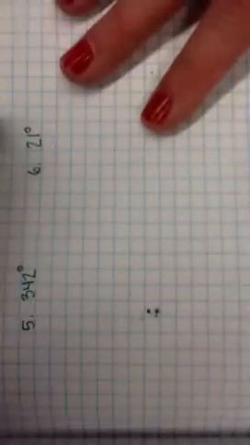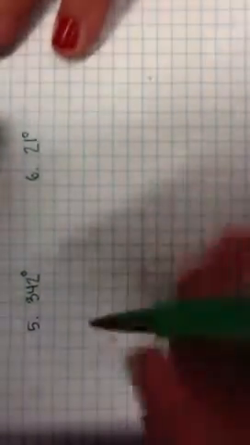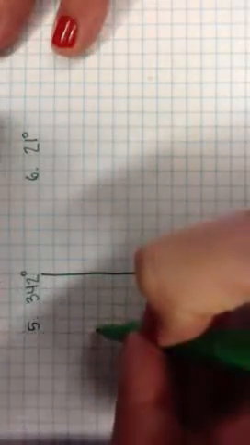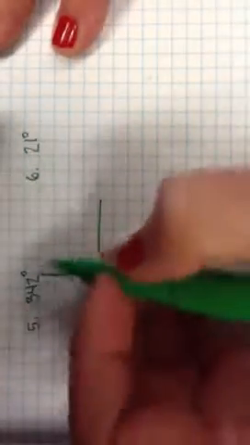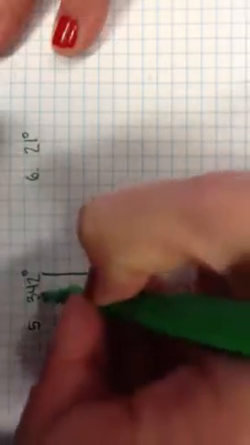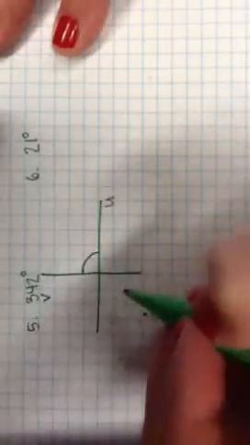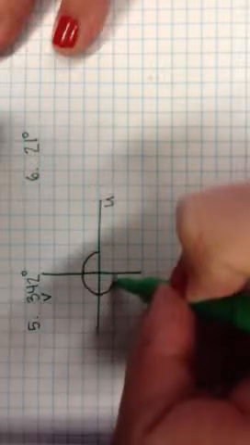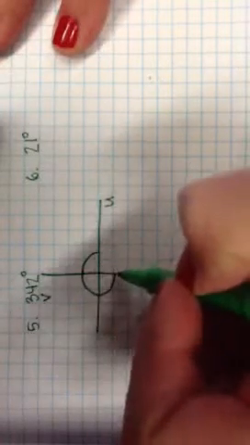Okay, let's find two more. All right, number 5, 342 degrees. So I go past 90, I go past 180, I even go past 270, and I'm not going to go all the way to 360.